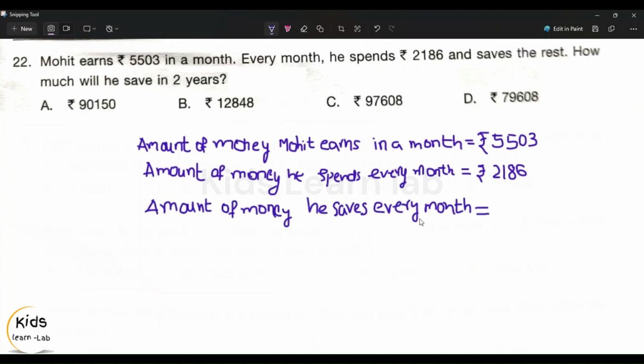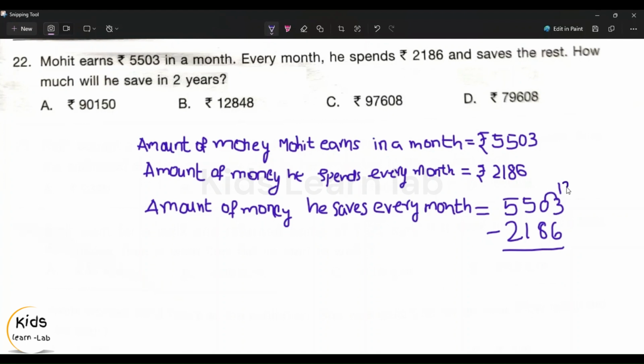Amount of money he saves every month is equal to 5,503 minus 2,186. 3 minus 6 will not go, take a borrow.